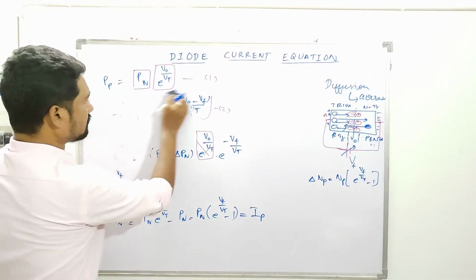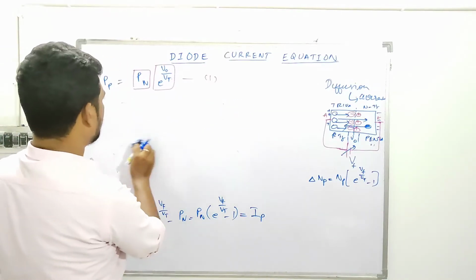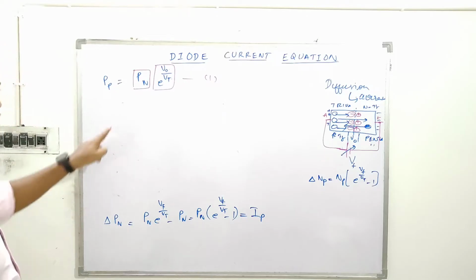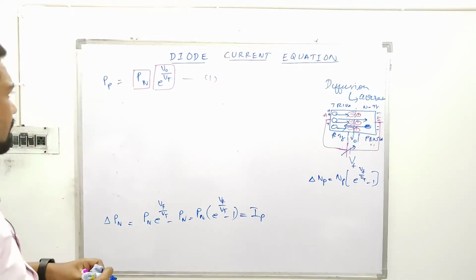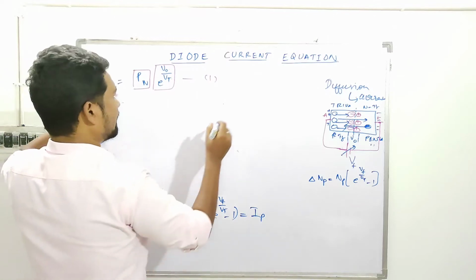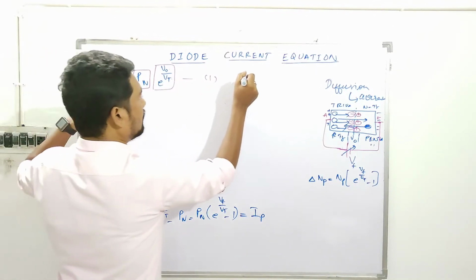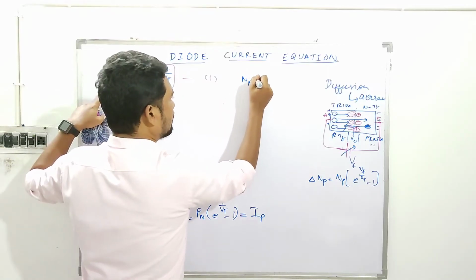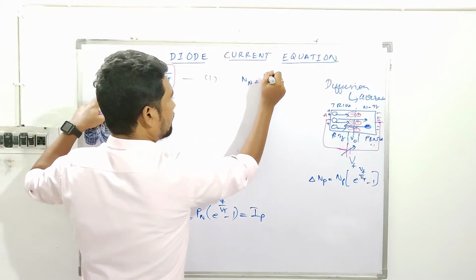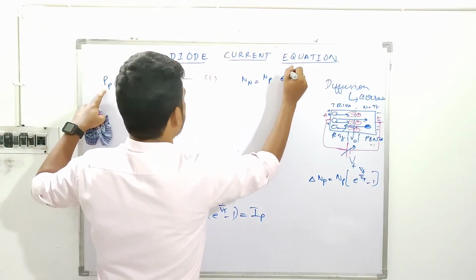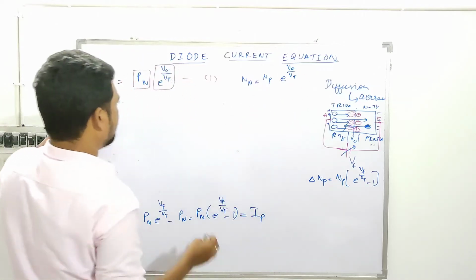Coming back to the first equation, if this is the case for the hole, how can we write the expression for the electron? The same thing. p_p, hole in the p region. In the same way, electron in the n region, that will be reverse: n_p into e raised to V_0 upon V_T.